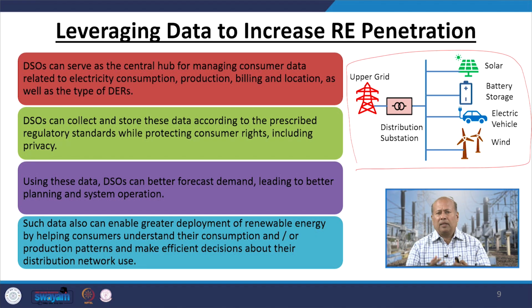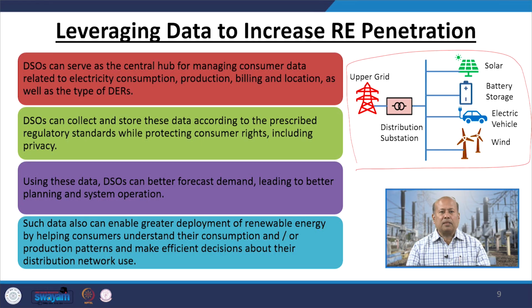How does someone interested in using their own RE for electric vehicle charging do so? Such concepts are necessary. So the DSO must help by providing information to both the consumers and the distribution companies to make sure that RE penetration is motivated and encouraged.